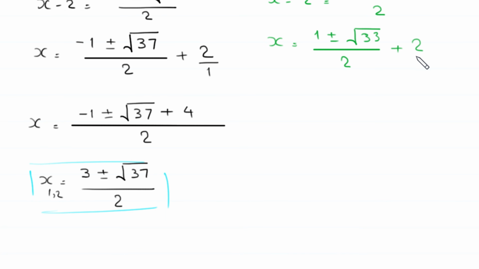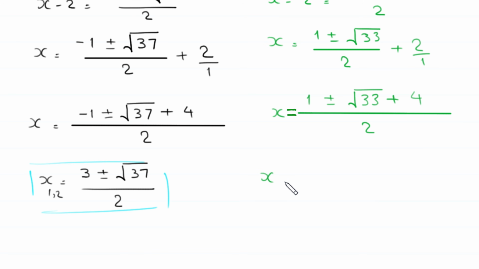Now we can write the denominator of this 2 as 1, and we take the LCM of this 2 and this 1. The LCM of 2 and 1 is 2. 2 divided by 2 is 1 time this expression, 1 plus minus root 33, plus 2 divided by 1 is 2 times this 2 is 4.